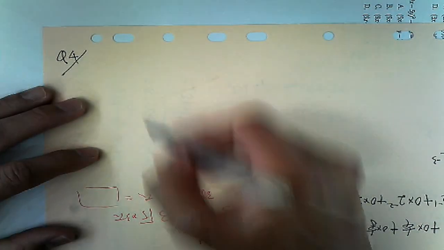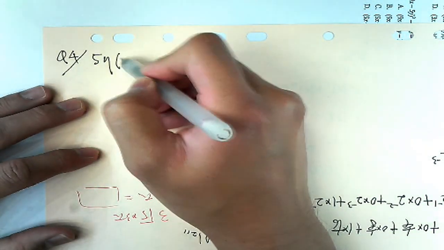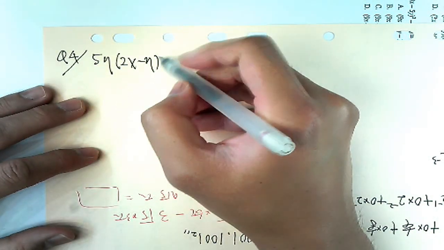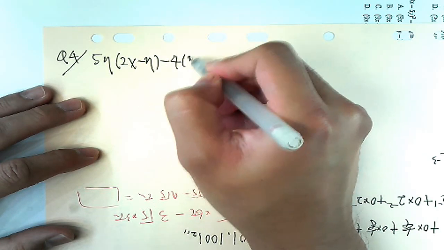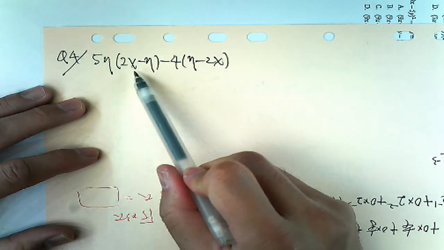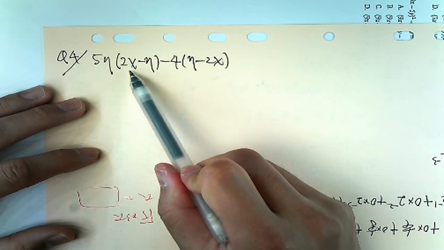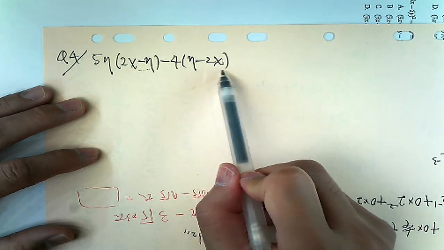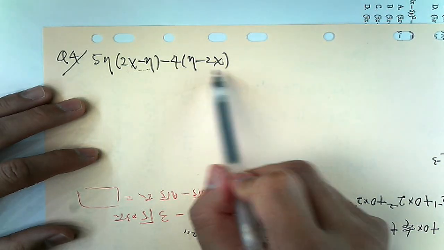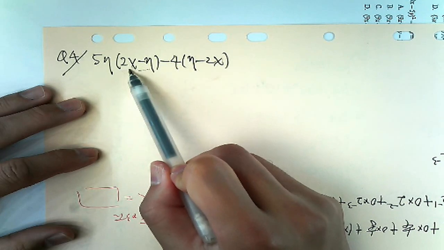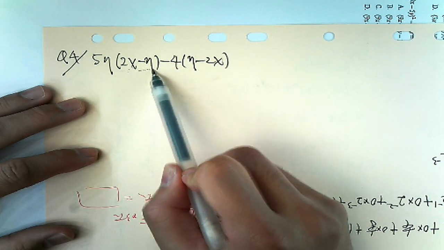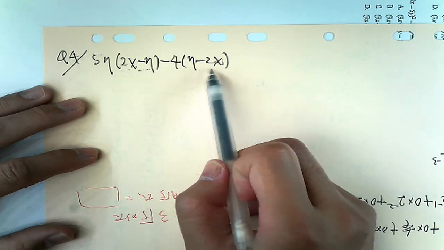Okay, go to question 4. 5y(2x minus y) minus 4 and then (y minus 2x). Also, actually here you will see these two brackets are not the same, because this 2x is positive, this y is negative, so they are reversed in order, right?